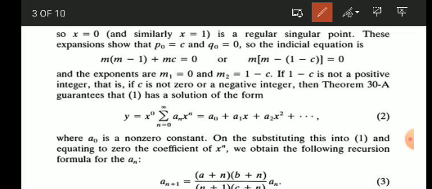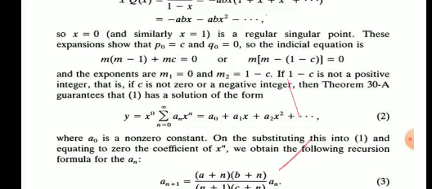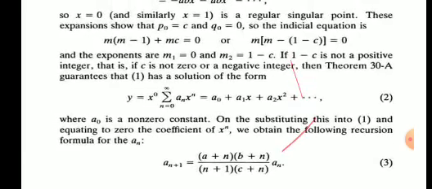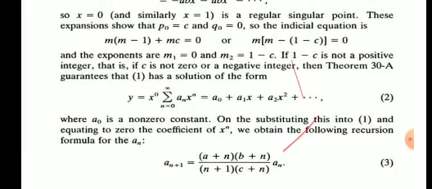Therefore, we get the result: a n plus 1 equal to a plus n into b plus n by n plus 1 into n plus c, a n. That is the value of a n plus 1 equal to a plus n into b plus n by n plus 1 into c plus n, a n.